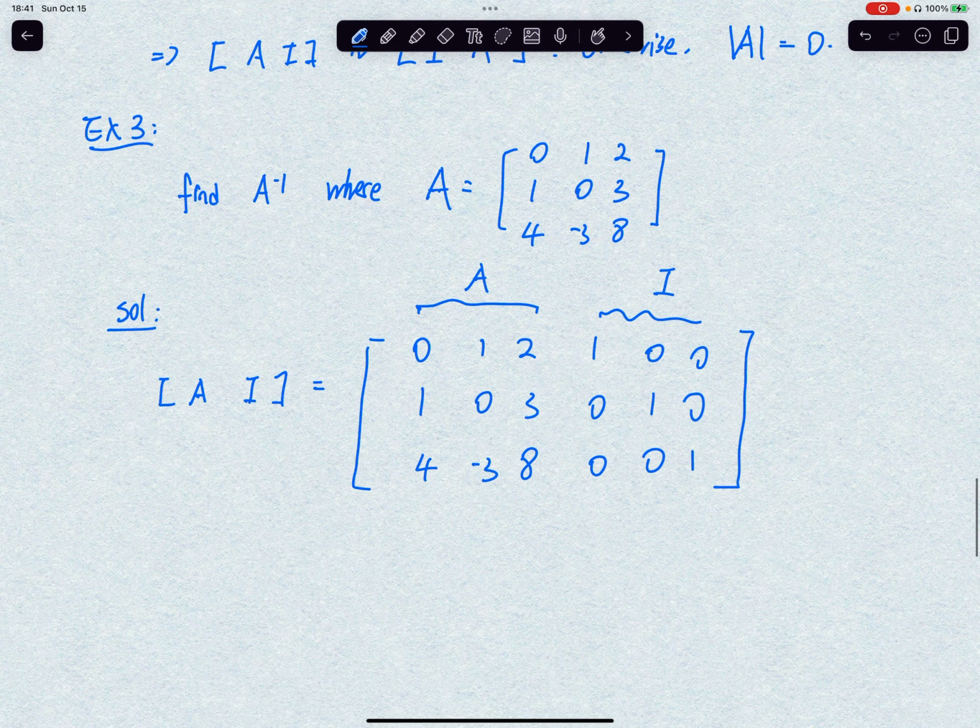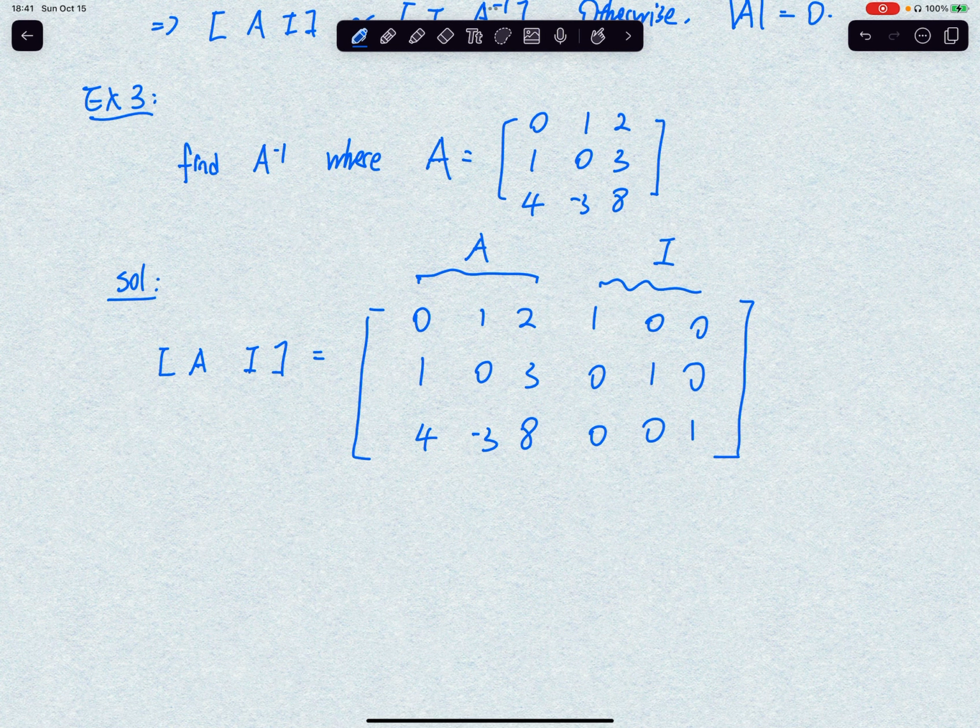Now we reduce. We want A to be transformed to the identity matrix under some operations.